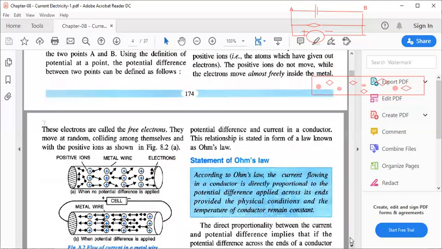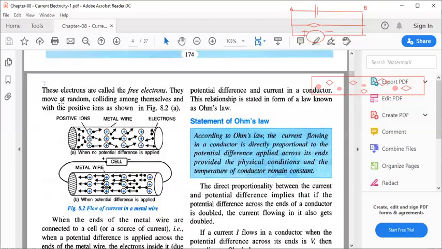These electrons are called free electrons. They move at random, colliding among themselves and with the positive ions. So when you are not applying any potential difference, meaning you have not applied 10 volt and 0 volt at two places, what will happen? The electrons will flow randomly, colliding with the positive ions.